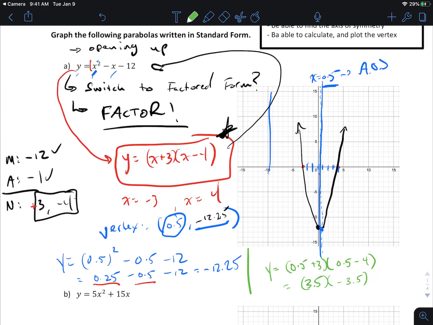What do you get? I can't do that in my head. I probably just did my math wrong. 12.25. Okay, I just can't do that. That's kind of cool. That's how you know you're right. If you can plug the same point into both of your equations and get the same answer out, then you know it's truly the same parabola, right? So you should get negative 12.25. I almost did it again.